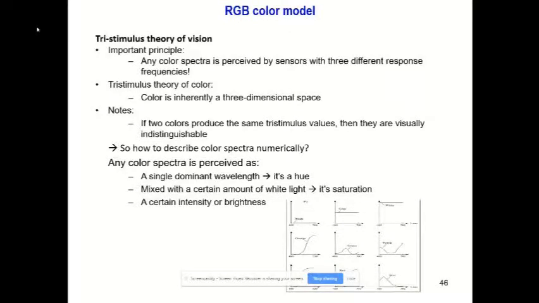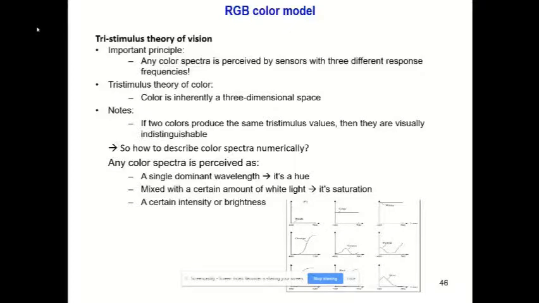Let's talk about the RGB color model. Before we talk about the RGB color model, let's introduce some concepts and principles about the theory of colors. The principle here is that any color spectra is perceived by sensors with three different response frequencies, and the color should be inherently represented in three-dimensional space. So how do we describe the color spectra numerically?